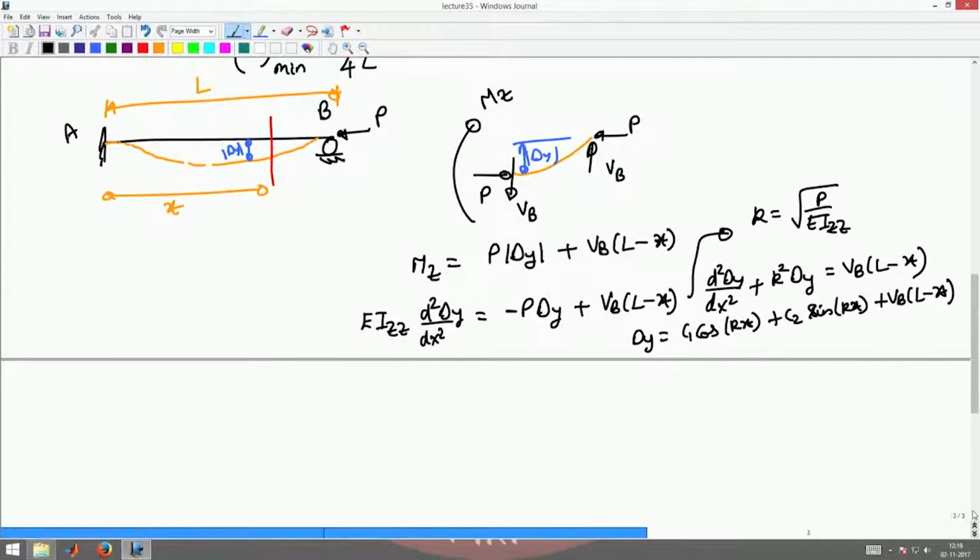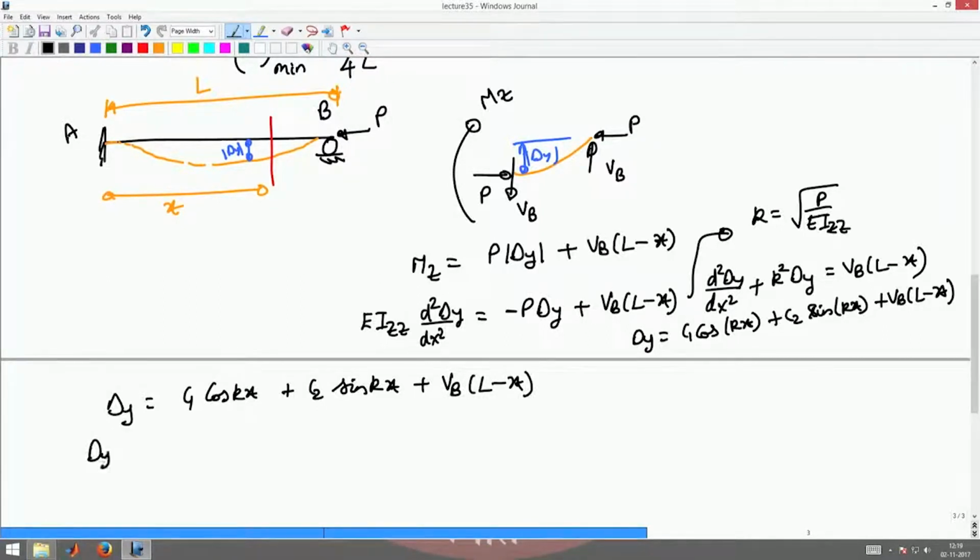Now, let us apply the boundary conditions. Delta y is C1 cos kx plus C2 sin kx plus Vb into L minus x.